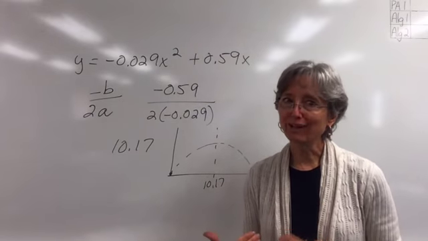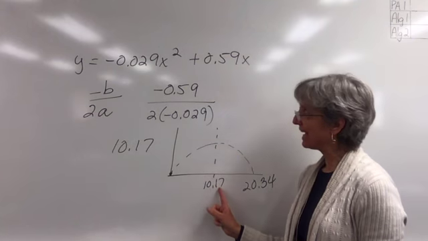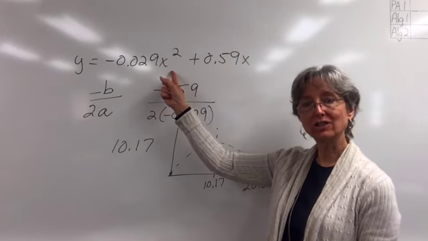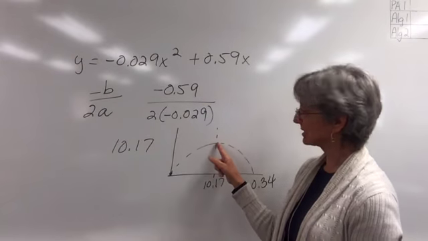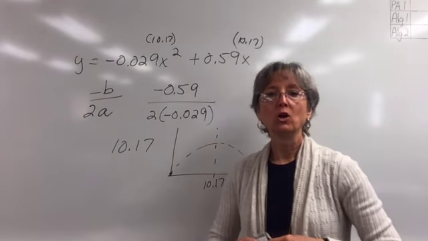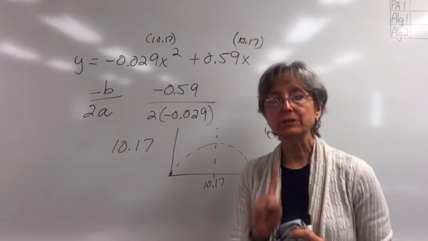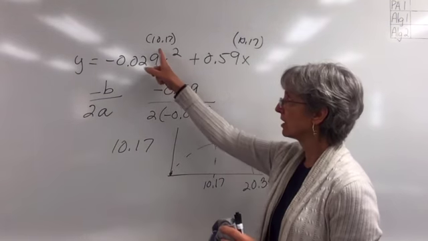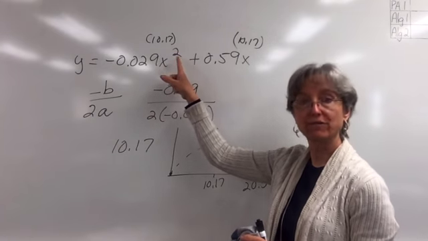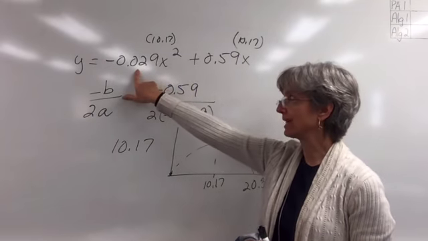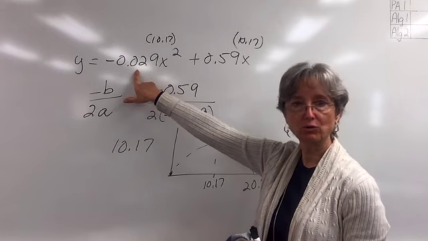So in order to find that, we need to plug x into this equation and see what our y comes out. Our y is this height right here. When you do that, please remember order of operations. You have to take 10.17 and square it first. Then multiply that by negative 0.029.